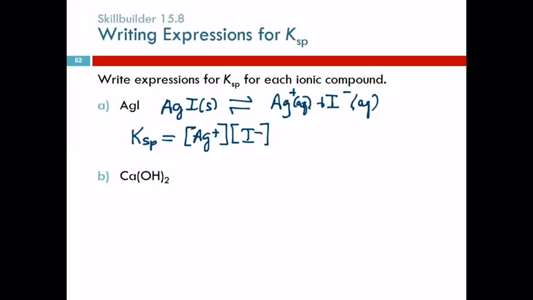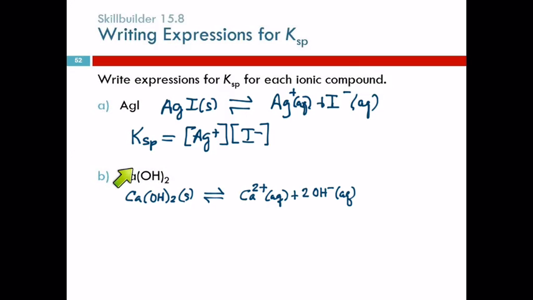Let's do calcium hydroxide. So solid calcium hydroxide in equilibrium with its ions. Calcium has a 2+ charge. And then we have OH minus, but there are 2 of them because we've got this OH twice.